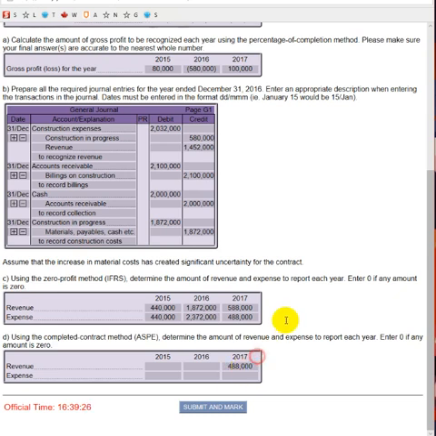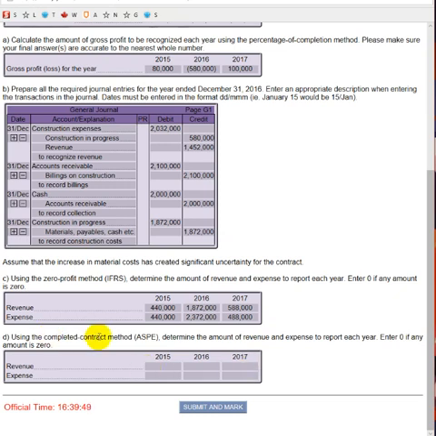So there's a couple of ways you can calculate 488. You can just recognize that you've got $100,000 less loss than you had set up in 2016. Or you can take the remaining expenditures, the remaining expenses, and subtract the expenses you recognize in the first two periods. Alright, so let's get rid of that in our little check box here.